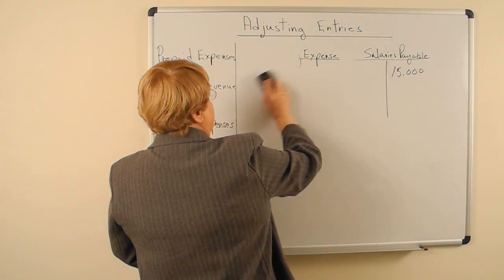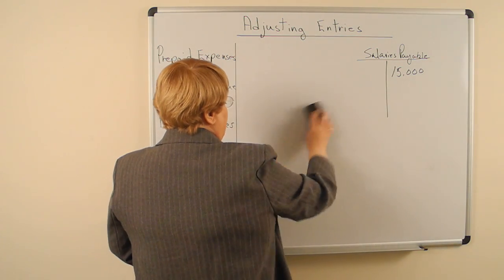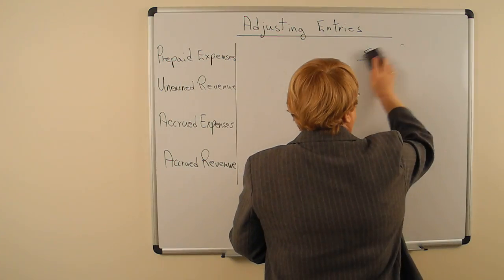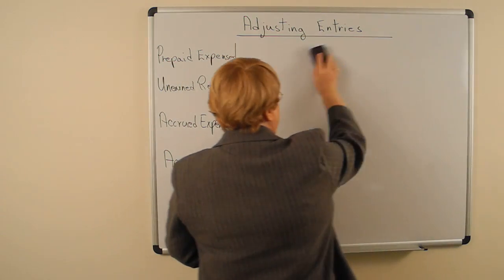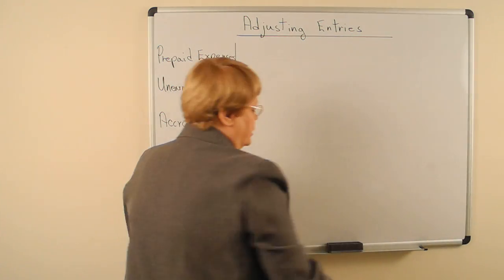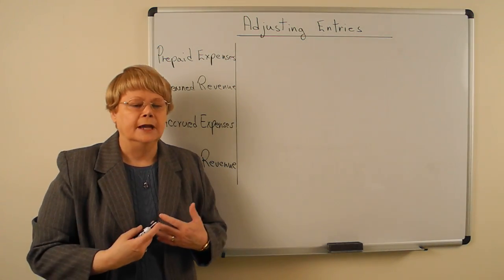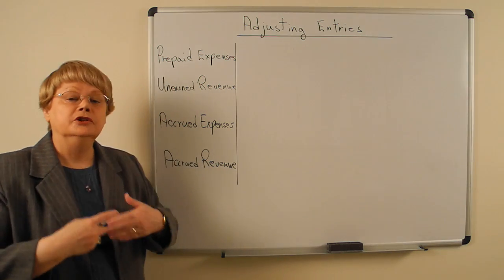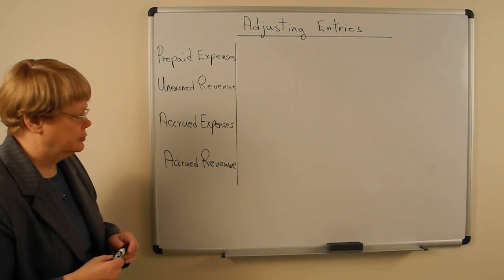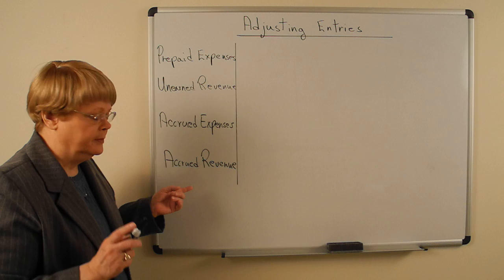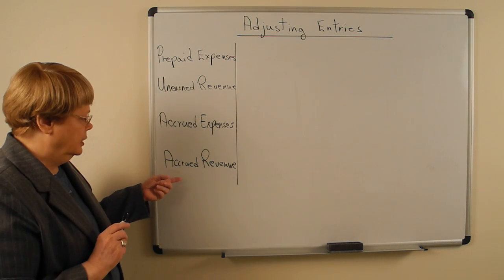What you have to do throughout the rest of the semester is think about what's actually happening. A lot of accounting is analytical. It's not just putting things down in debit and credit format. You have to think about what's happening and what's going on, and then you can determine what your entry will be. Okay? So just keep that in mind as you go forward.